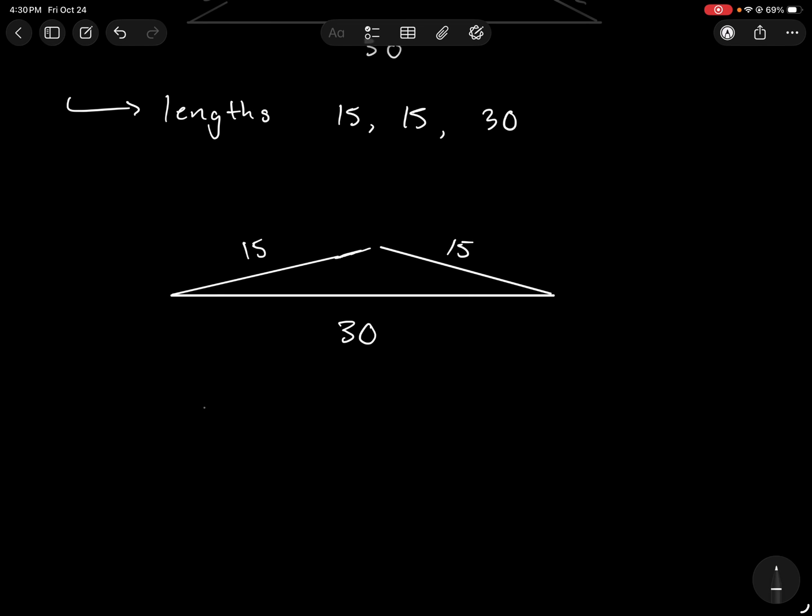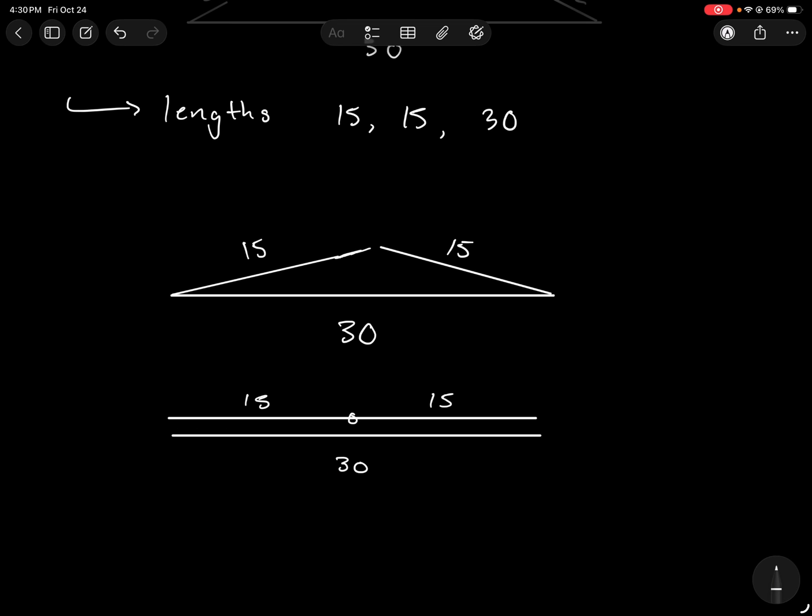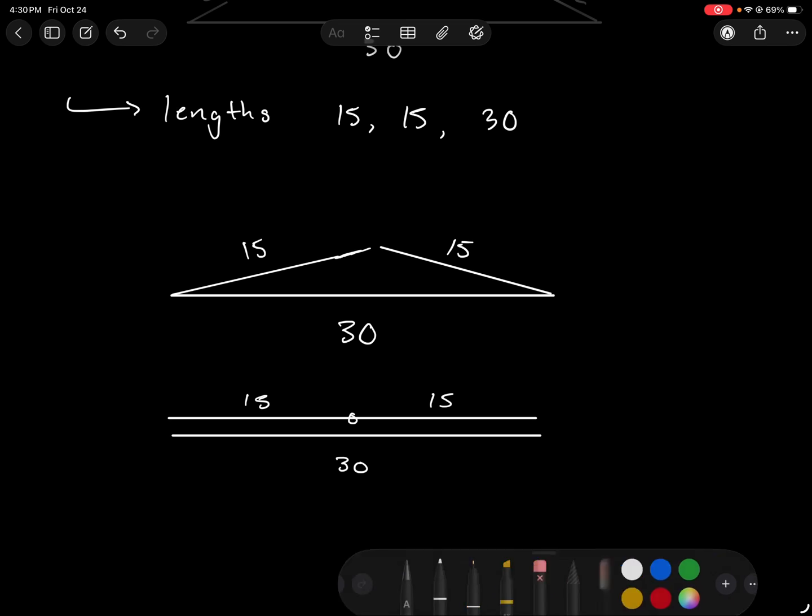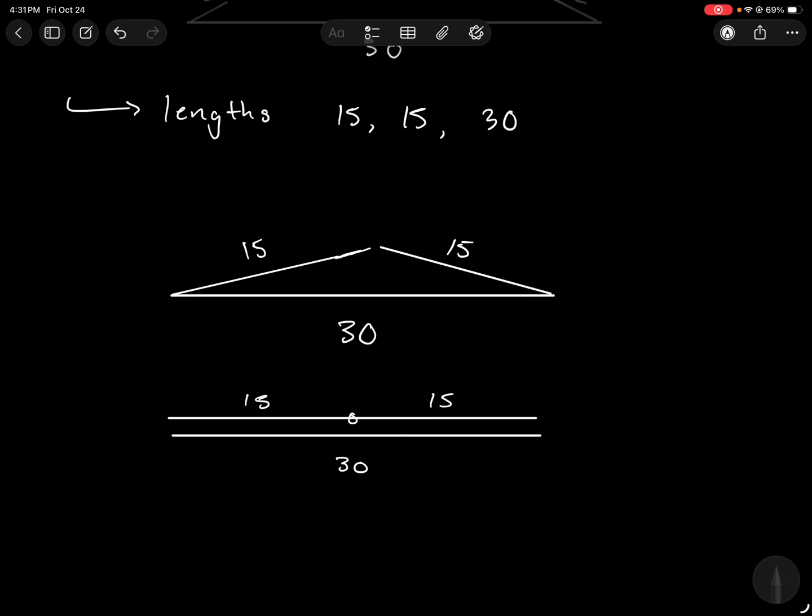Okay, and in the case that our sides of 15 do touch, so instead of being separate like this, if we had a straight line where the two 15s touch at this point, then it would be completely parallel to my side of 30, or on top of each other, in which case we no longer have a triangle. So maybe this line is straight on top of that other 15.